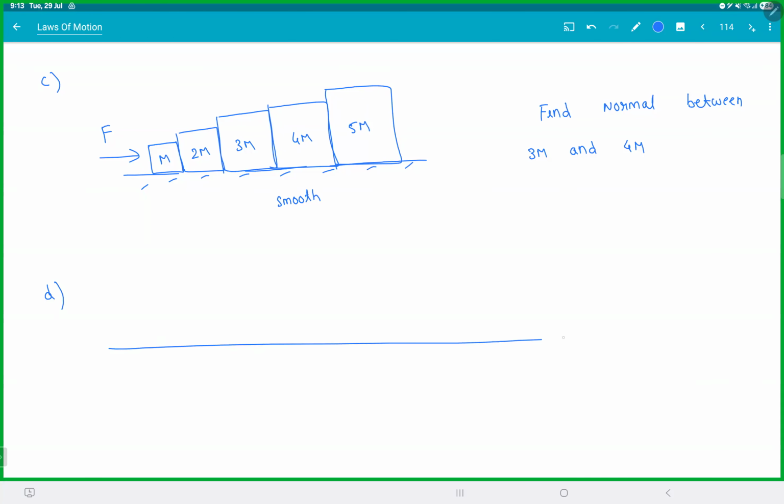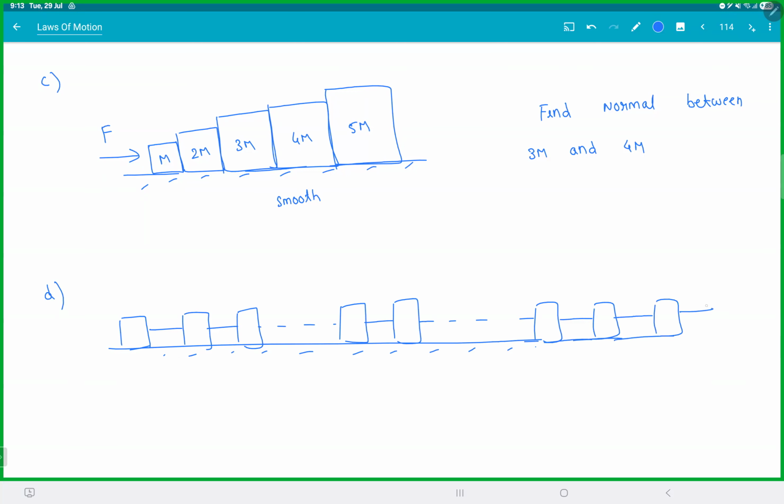Another way of asking the same question is like this. Let's say there are 100 blocks. This is block 1, block 2, block 3.